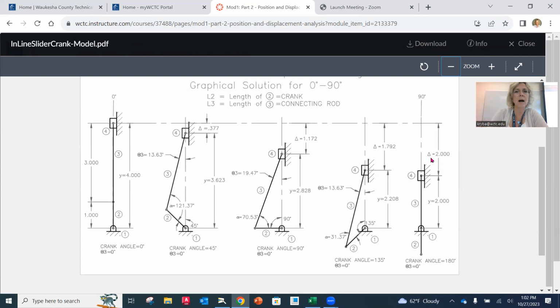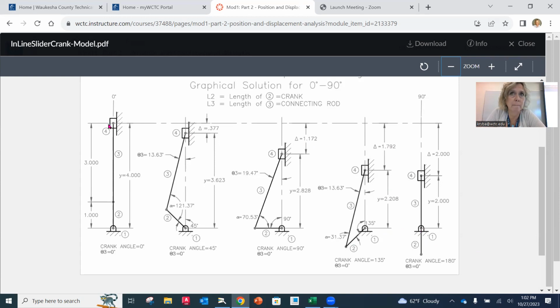Now on an inline crank, because this is inline, when I start going back in the opposite direction every 45 degrees, it's going to be the mirror image of what we saw earlier. So when I come around on this side and go another 45 degrees, I'm going to be back to 1.792, and then back to 1.172 and so on, and then back to 0 when I get there.